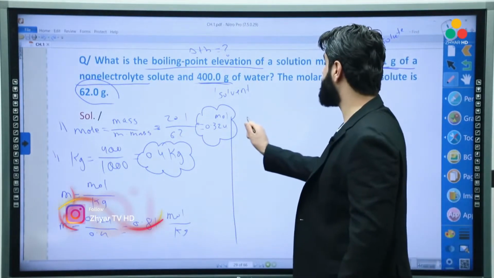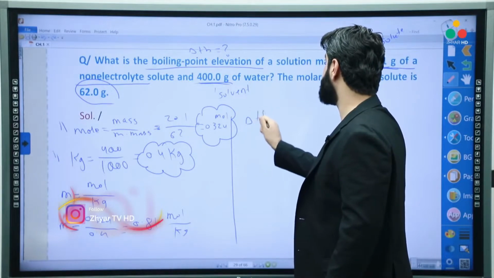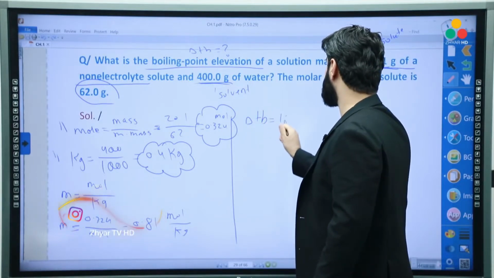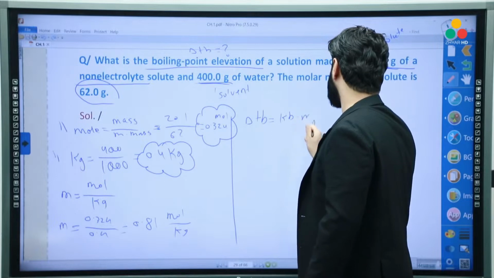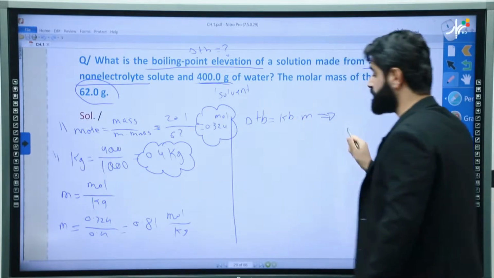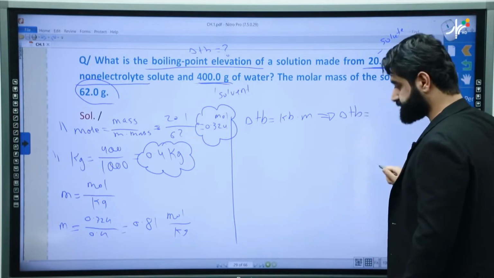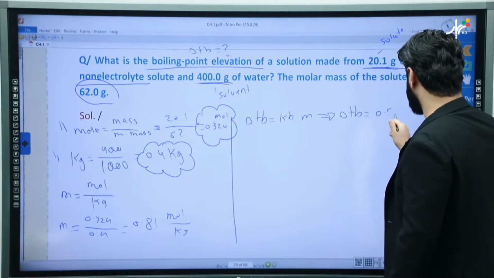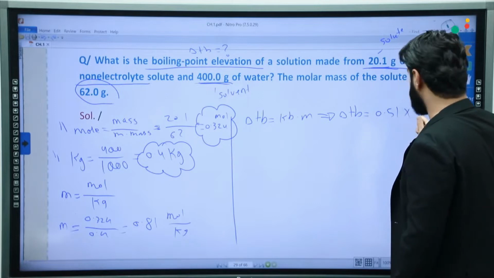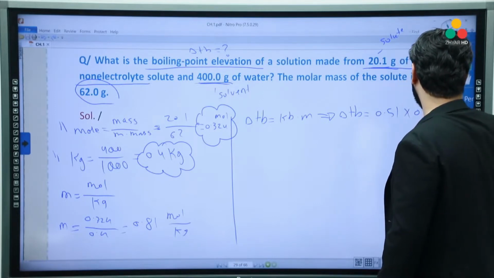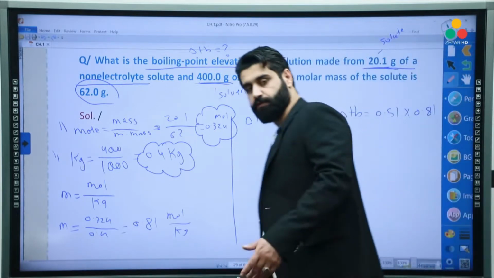So we can take out the value of delta TB very easily. Delta TB equals KB times molality. We are looking to get the value of delta TB. KB is 0.51 times molality 0.81.